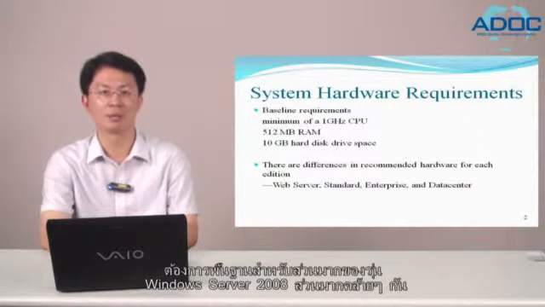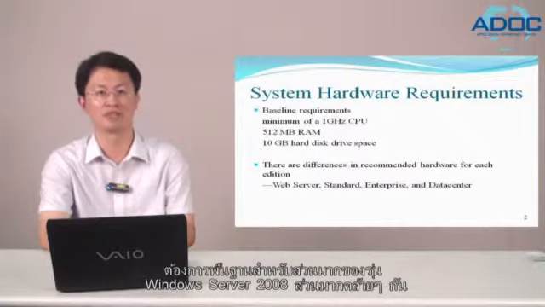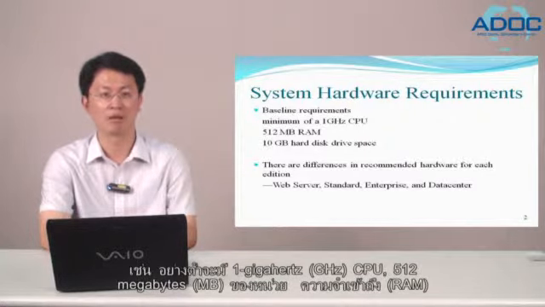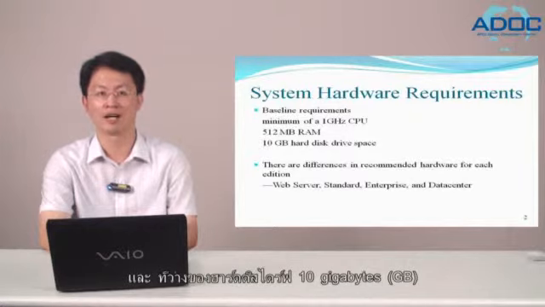The baseline requirements for most versions of Windows Server 2008 are similar, such as a minimum of 1 GHz CPU, 512 megabytes of random access memory, and 10 gigabytes of hard disk drive space.